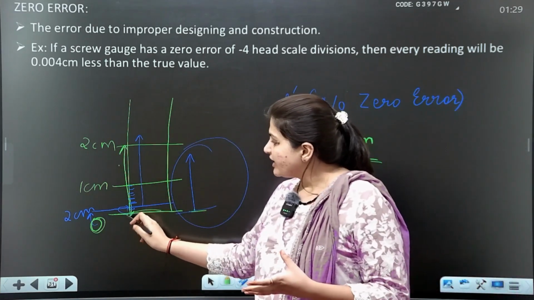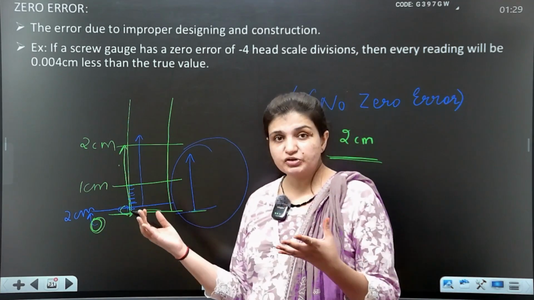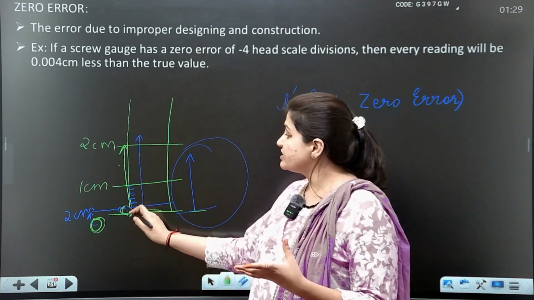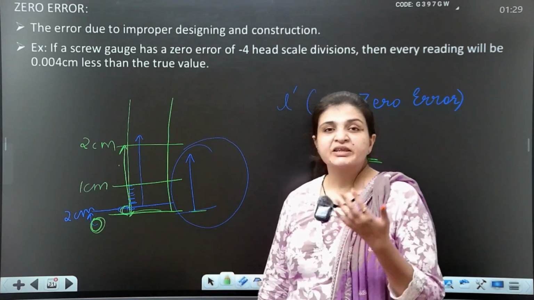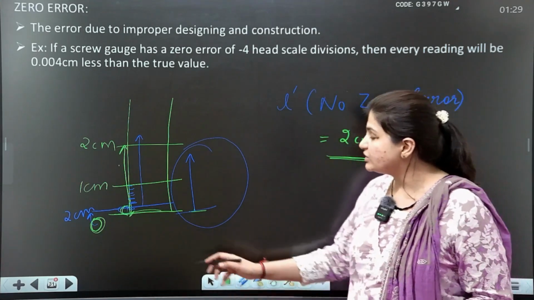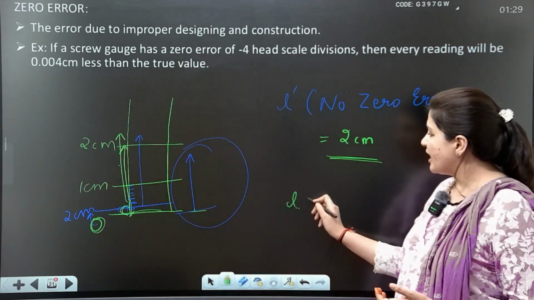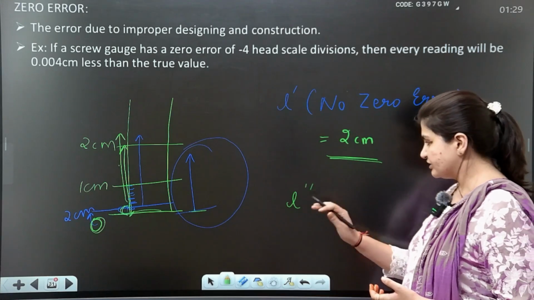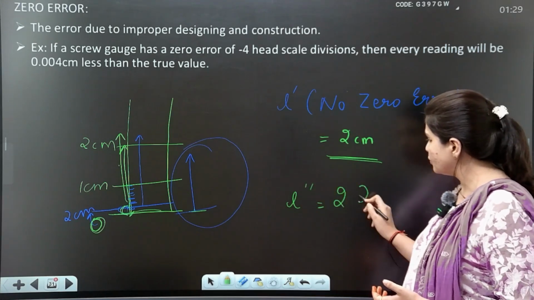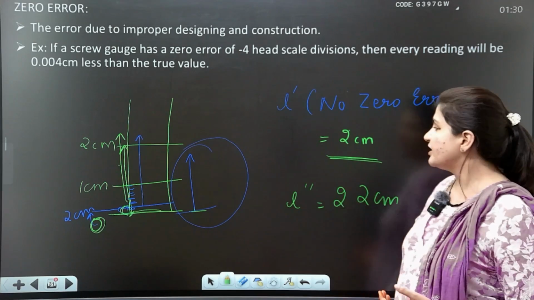But now, through the overuse of the instrument, if this 0 is shifted by two values upward, the zero count will be shifted, and now the length of the wire will be equal to 2.2. This would be the reading.